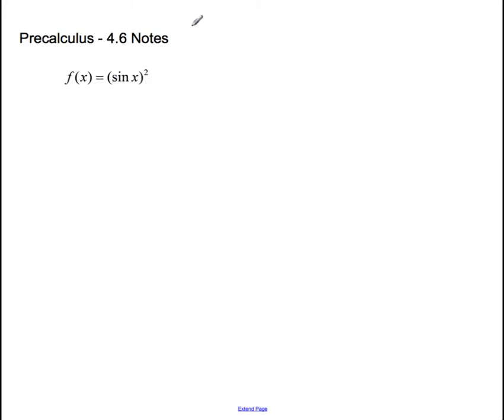Okay, so what we want to do on this guy, looking at the function of sine x squared, is verify the period. And this is really an interesting thing to do because it gives us an opportunity to work algebraically with what we know to be true inside the sine of x squared.